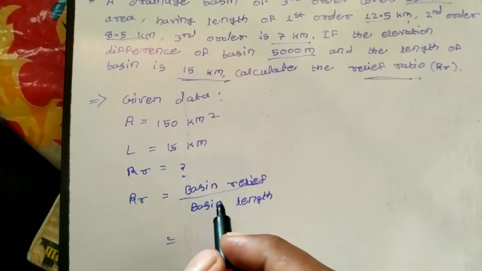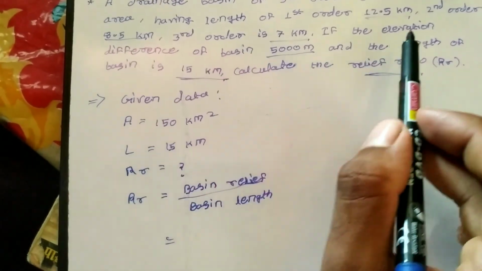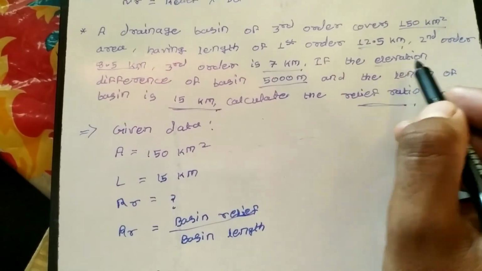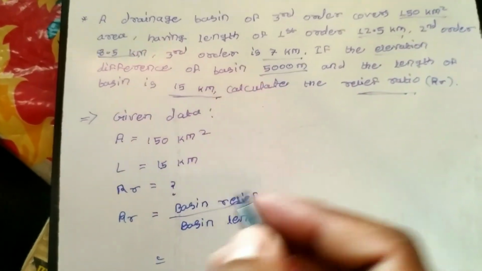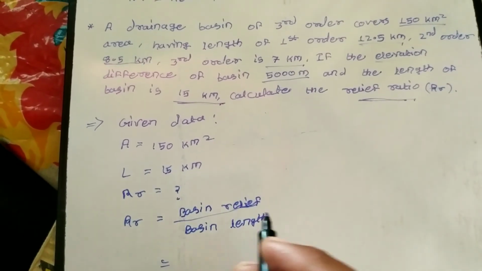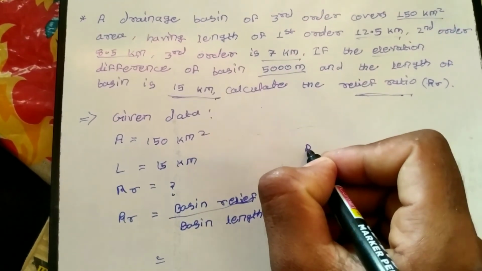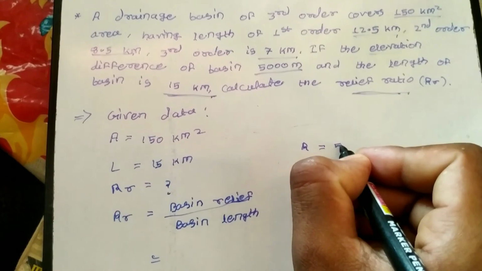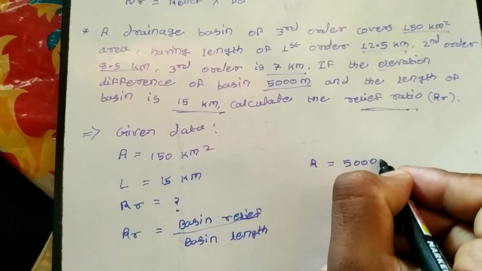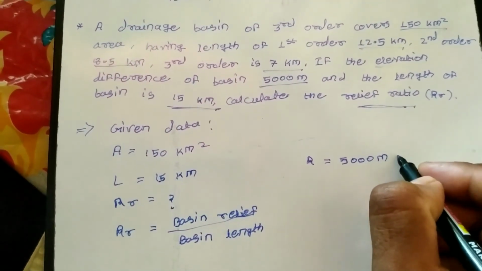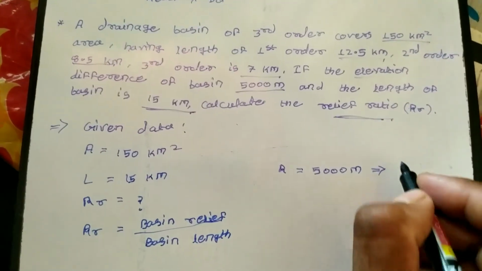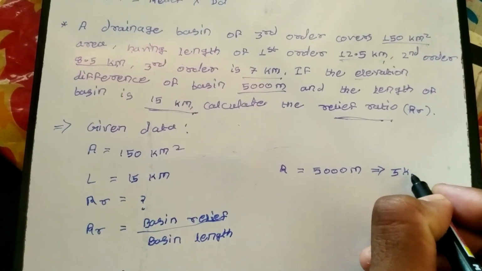So where is the basin relief? Elevation difference means basin relief, that is 5000 meter. This is relief, 5000 meter, which implies 5 kilometer.